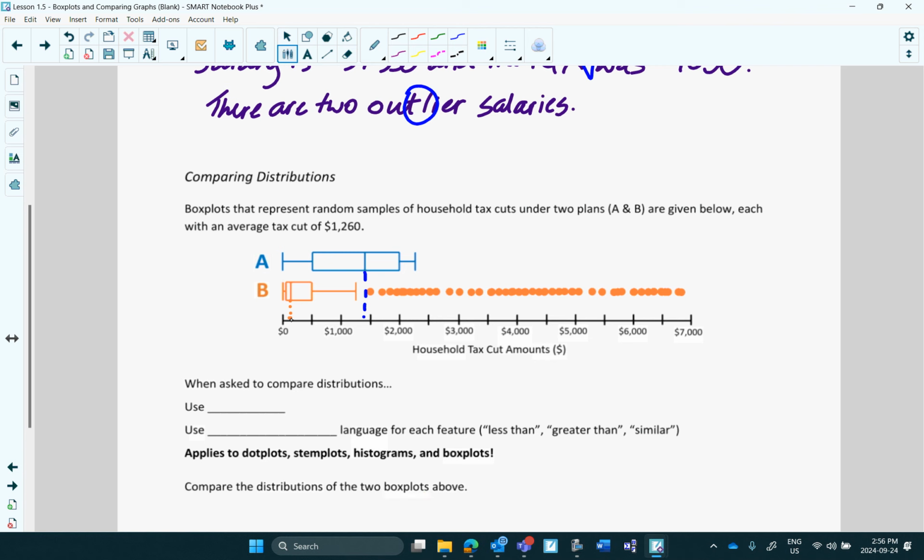Yet the average tax cut for both plans was 1,260. So you can see how different measures can reveal different things. When we go back to the Trump tax cuts, he talks about how the average tax cut was $1,260. Yeah, the average or mean was, but that's because a whole bunch of billionaires hold the average up.